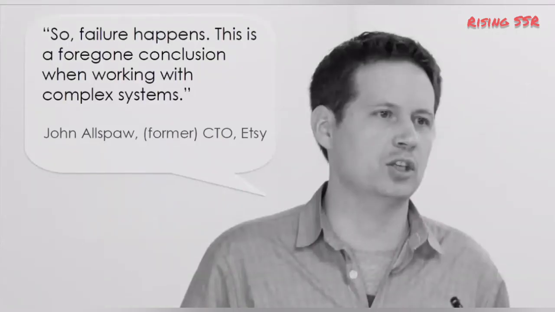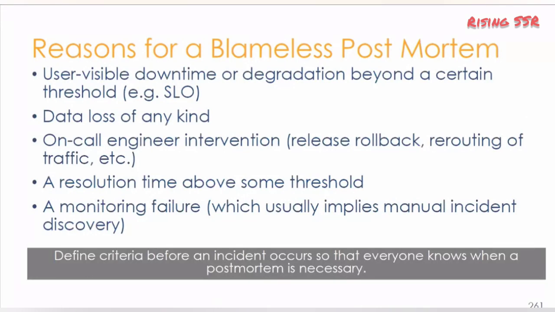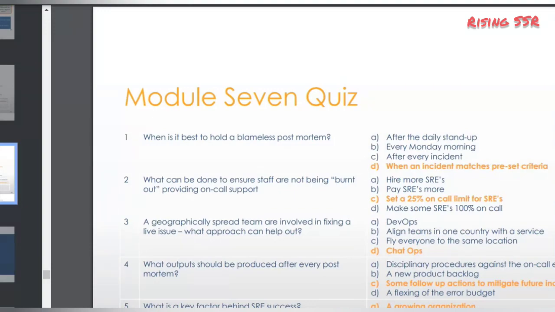Blameless postmortem. Failure happens. This is a foregone conclusion when working with complex systems. Nothing new. Failure is bound to happen. Why do we need a blameless postmortem? Because if we don't have that in our organization, then slowly and steadily the culture in the organization deteriorates.